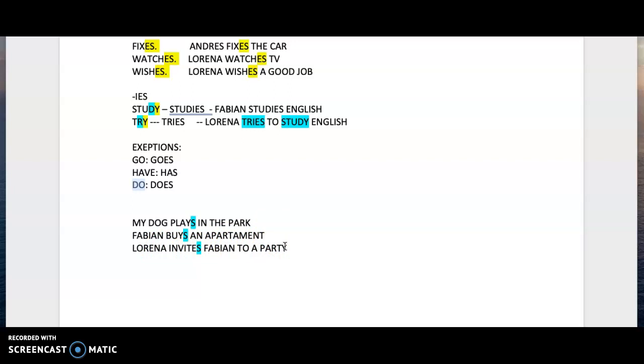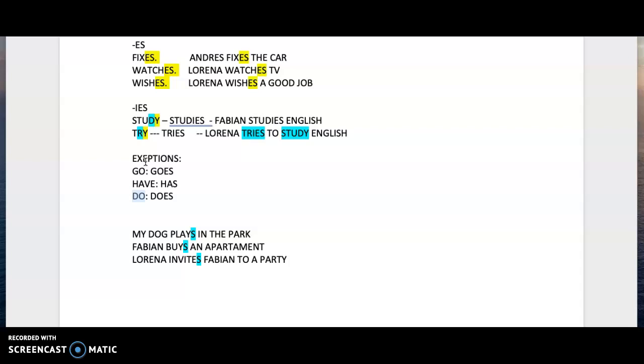Okay? One example for go is, for example, Camila goes to the school. Camila va al colegio. Okay? Or Andrés tiene una regla. Andrés has a ruler. Okay? Or Sebastián hace las tareas. Sebastián does the homework. Okay?